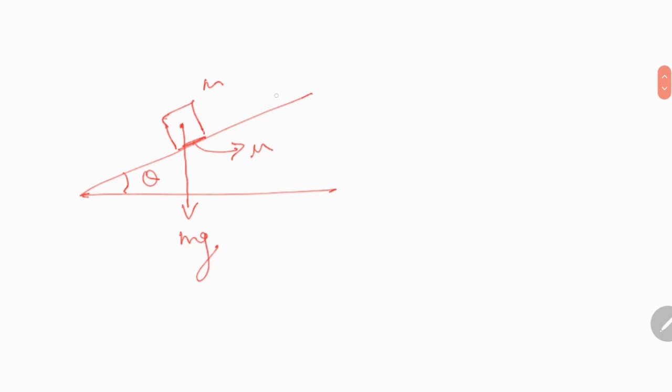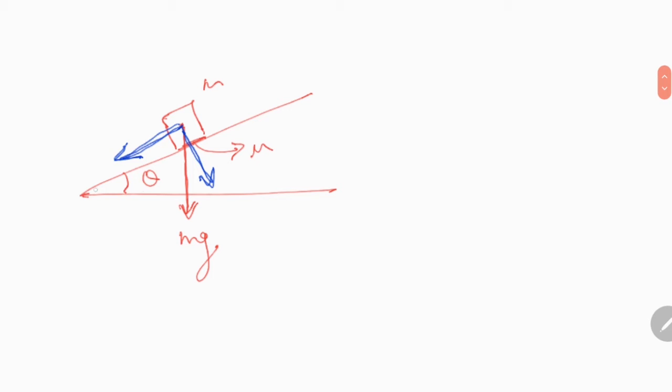And if mg is acting downwards, mg will have two components, if you see very carefully. I'll draw the two components here, using a different color. So mg will have one component along this direction and one component along this direction.